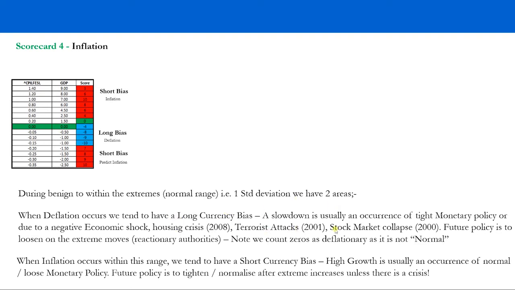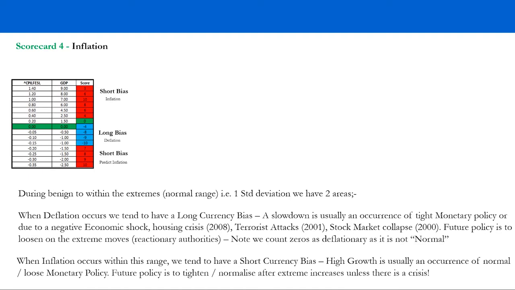These situations were negative economic shocks in which the oil price, when stripped out, saw inflation still go negative. So when we look at CPI ex food and energy going negative, these are the deflationary areas in recent history due to economic shocks, with the oil price not affecting the data.